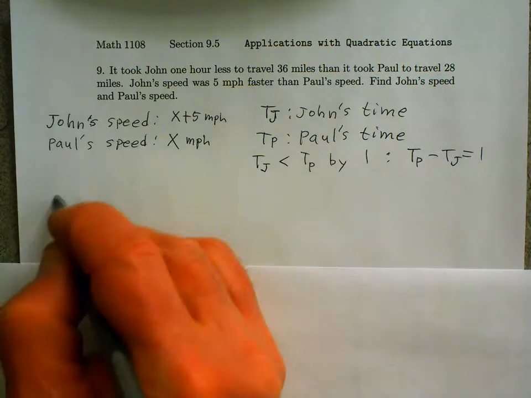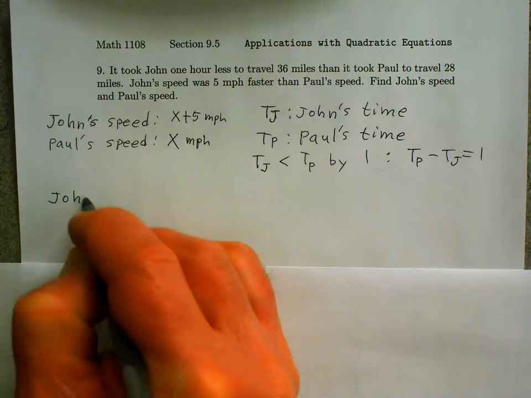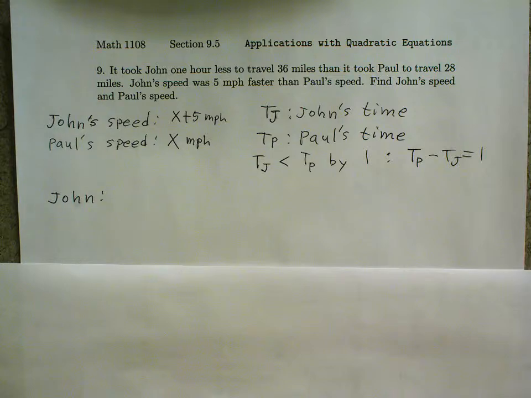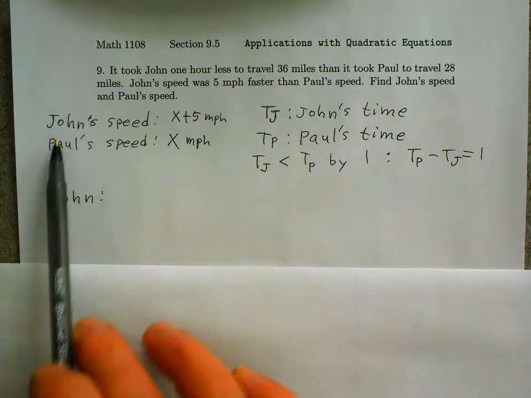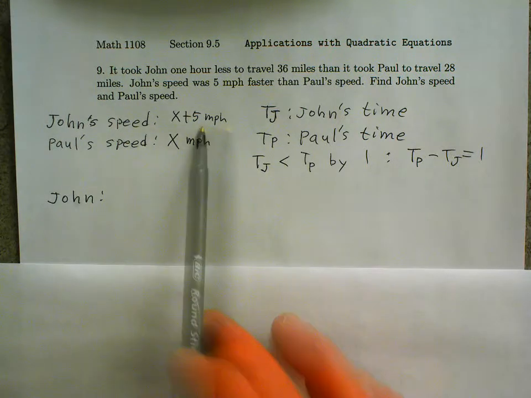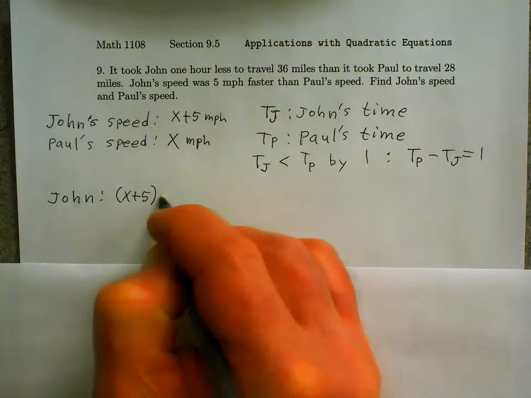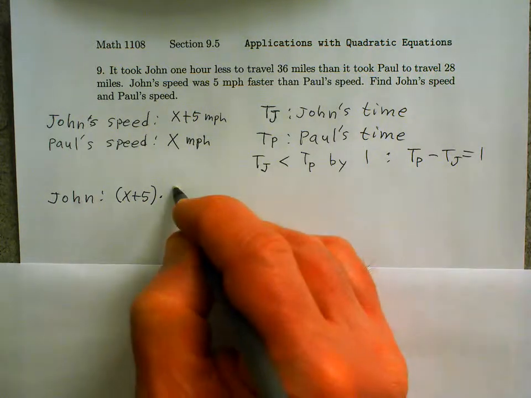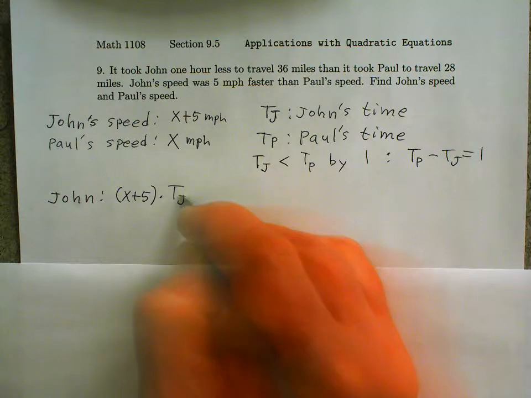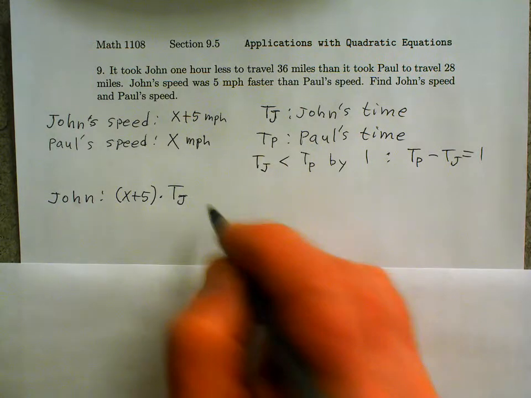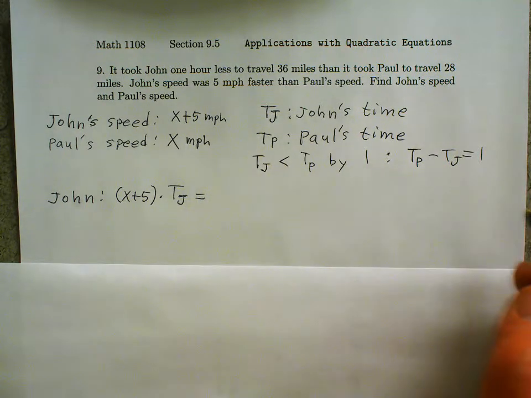Okay, so let's go ahead and write a rate times time equals distance equation for John. John's rate is x plus 5 miles per hour, and in T sub j, in that amount of time, John traveled 36 miles.